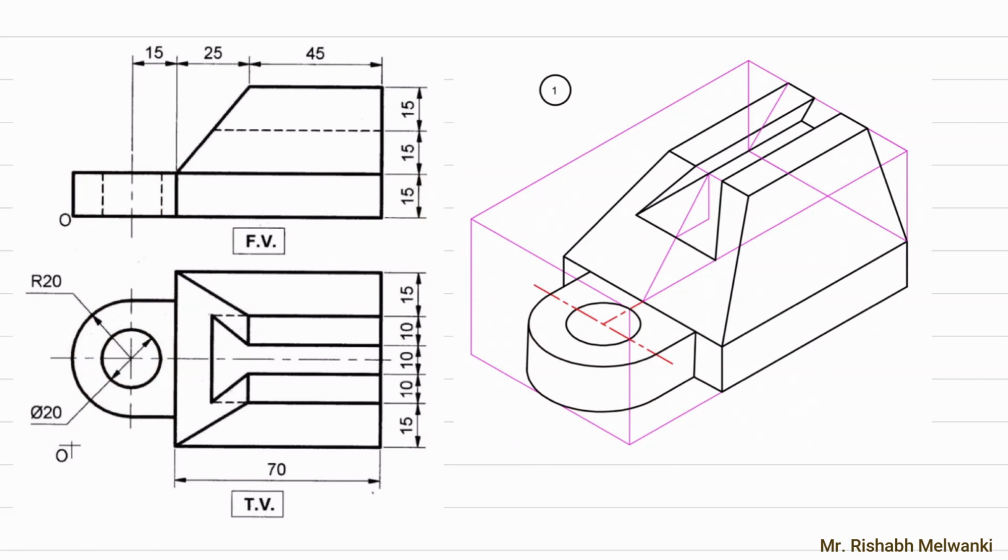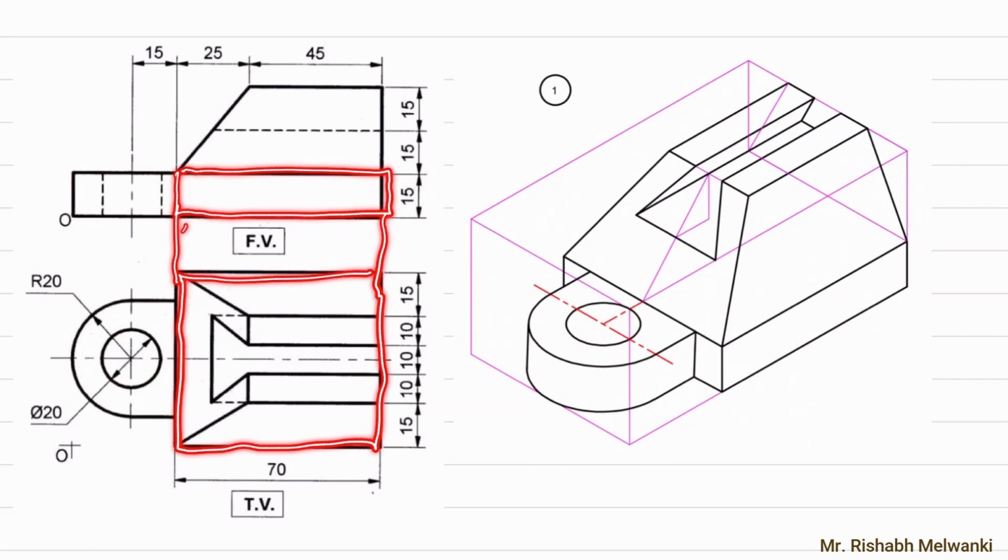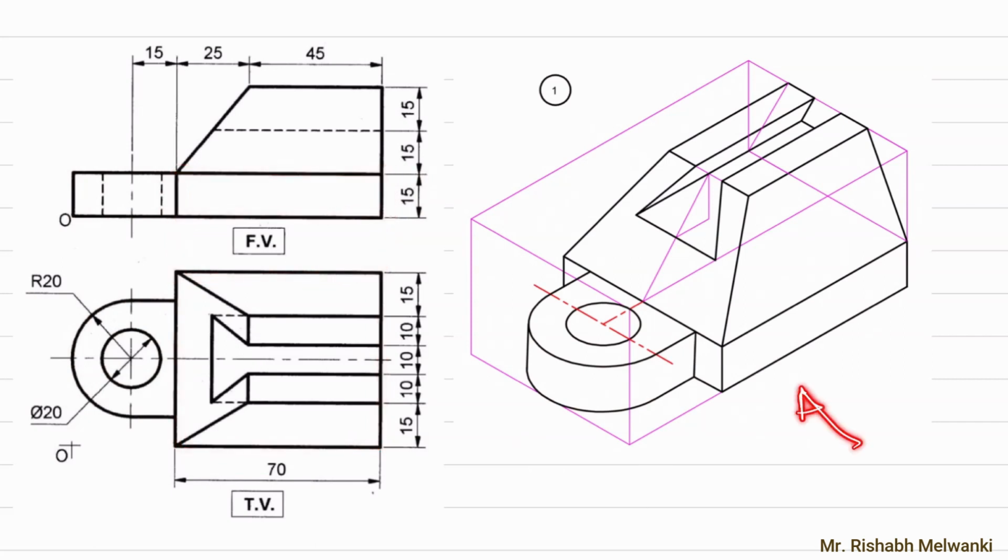Then next, here you can see this rectangle. If you take the projection, it will be this complete rectangle in the top view. So basically in the front view, you will see this rectangle like this. This rectangle is over here in the main question. Same way on the back side also there will be a rectangle which is not visible in this isometric view.